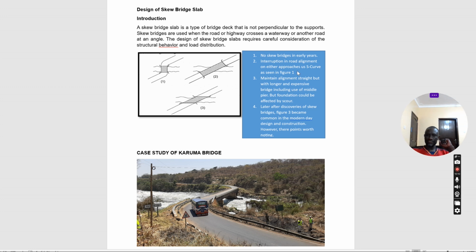Later, after discovery of skew bridges, figure 3 became common in modern design and construction. However, there are points worth noting. Definitely, we are going to look at it. When you look at Karuma Bridge in northern Uganda, linking south and north across the River Nile, downstream of the Karuma hydropower dam, just newly constructed, you find that these were the old days.